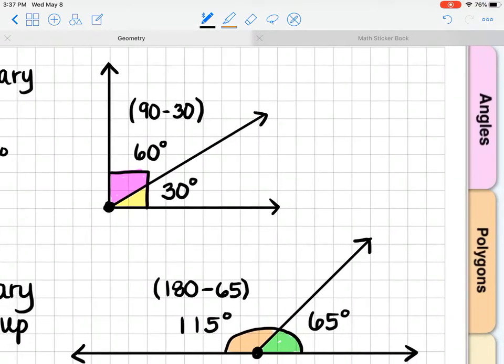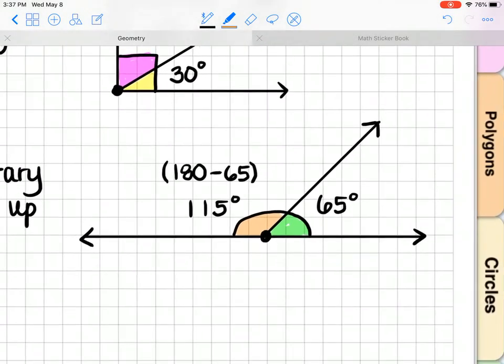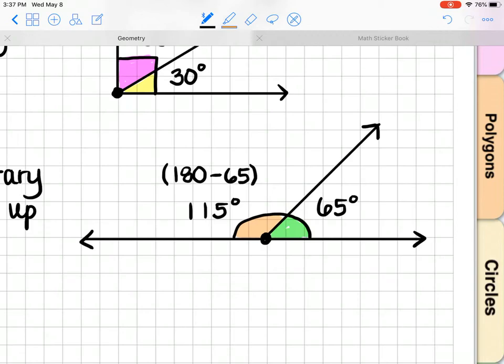Complement adds up to a corner, and both of those start with C. And then supplements goes with a straight line, and both of those start with an S. So that may help you if you have trouble keeping these two terms separate from each other.